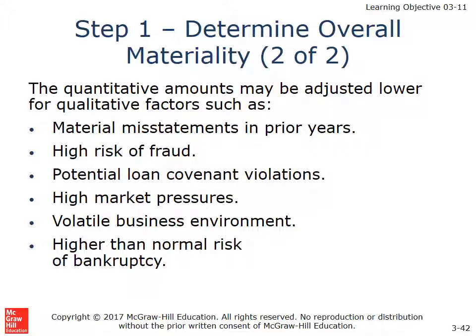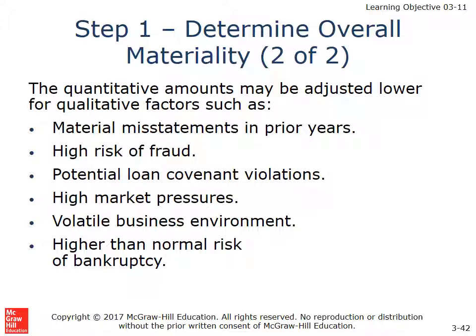It's really part of the contract, and it's a list of rules for the company borrowing the money, saying, if your current liabilities go above $2 million, you're violating this loan, and we could make you pay it all back to us. So it's a list of rules that the corporation has to follow. Well, could they be encouraged to misstate something due to these loan covenants? That could alter our materiality level.